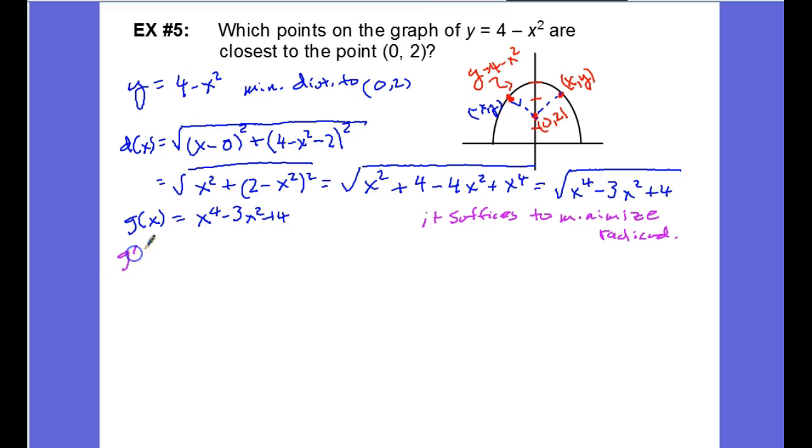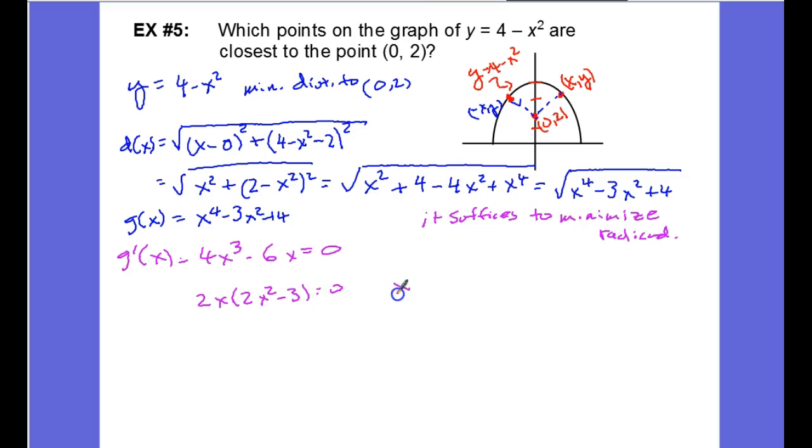So let's do that. g prime of x is equal to 4x cubed minus 2 times 3, which is 6x. Set that equal to 0. We can factor out a 2x, and that's going to leave us with 2x squared minus 3 equals 0.